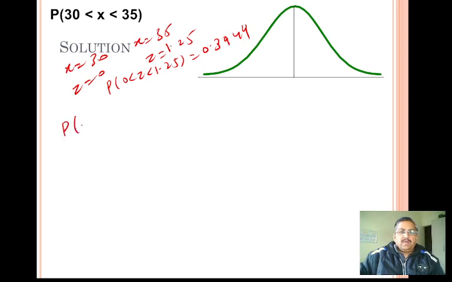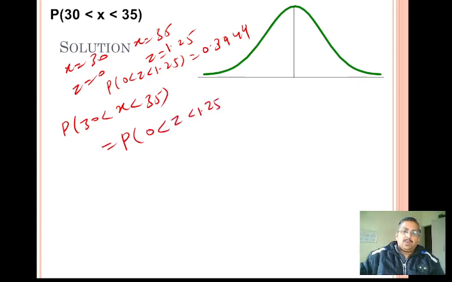We are interested in finding the probability of x lies between 30 and 35, right, which we have converted in terms of z. So z is converted as 0 and then 1.25, right? So this is z equals 0, and somewhere here let's say 1, so somewhere here you will get 1.25.